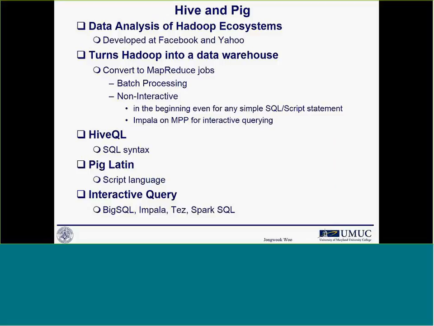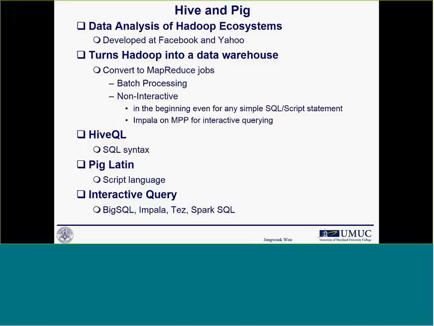If we go back to Hive and Pig in a little more detail, as I said, they were developed at Facebook and Yahoo respectively. Using Hive and Pig, you can turn Hadoop into a data warehouse. Physically, it is not a data warehouse, but logically, you can use Hadoop as a data warehouse because any code in Hive and Pig can be converted to MapReduce jobs automatically. So you can easily analyze data.